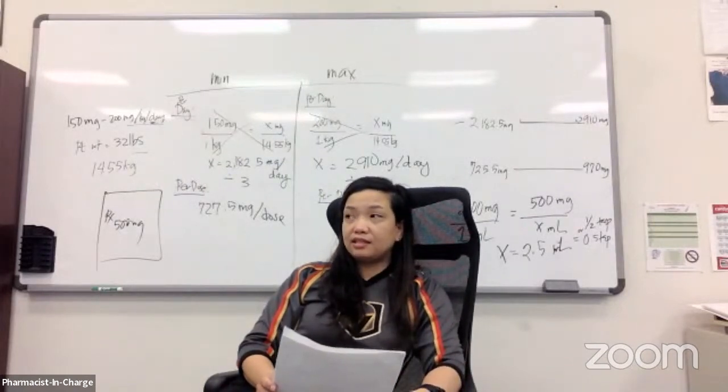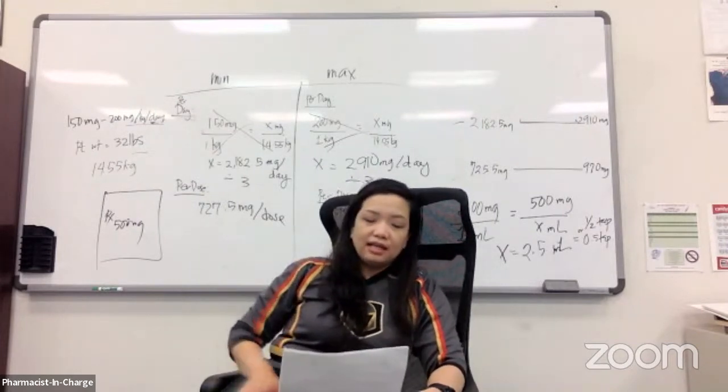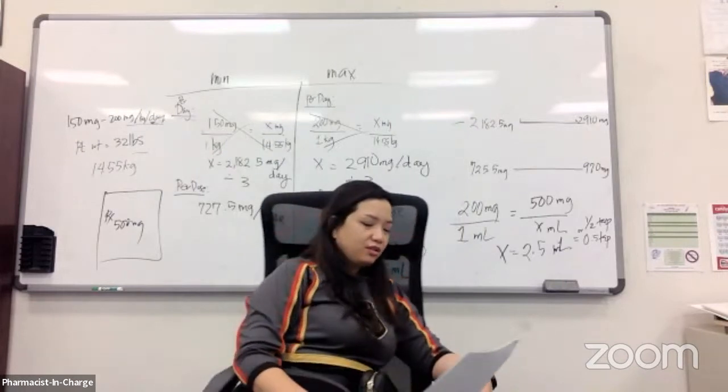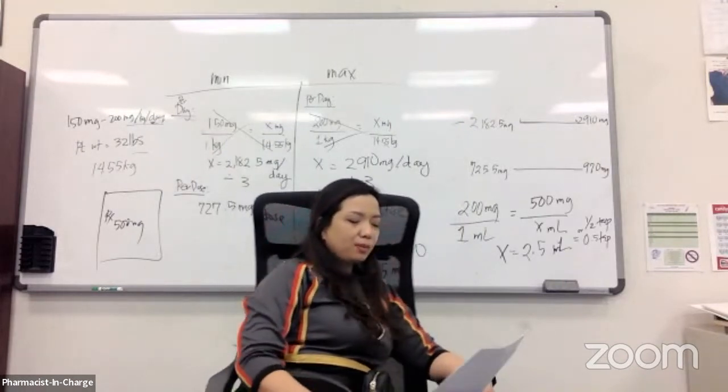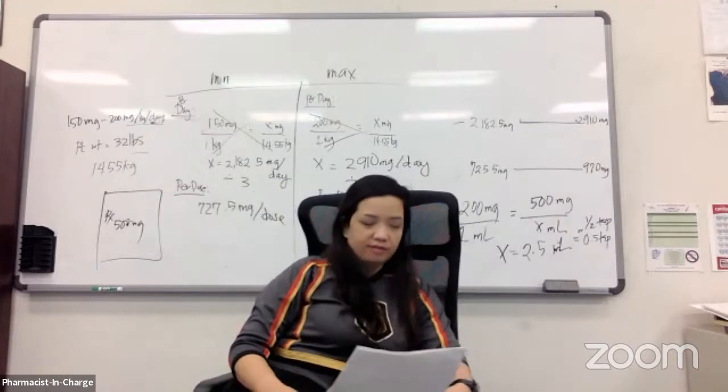Who got that one? Hands up. I want to see. You said 11,000? 11,362.5 milligrams per day. That's 11 grams.